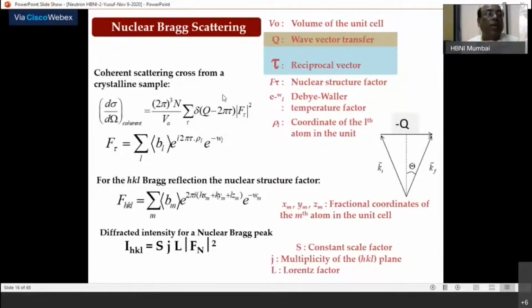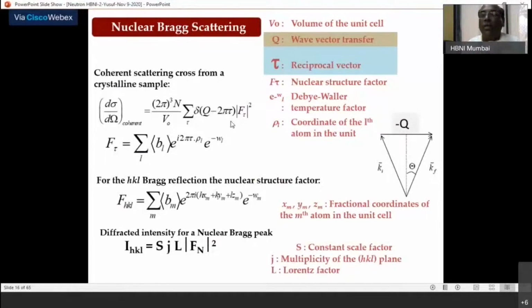And what is this delta factor? This has nothing to do per se with neutron diffraction. It is any diffraction theory. You get the diffraction, this Bragg peak intensity will be non-zero at that Q value, when Q matches the reciprocal lattice vector tau. That is the Ewald sphere concept.